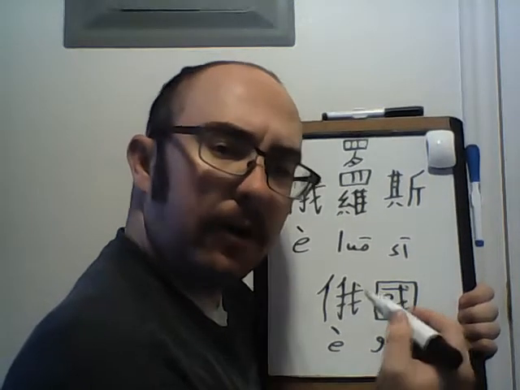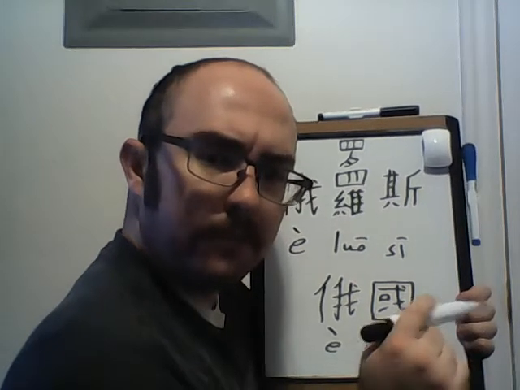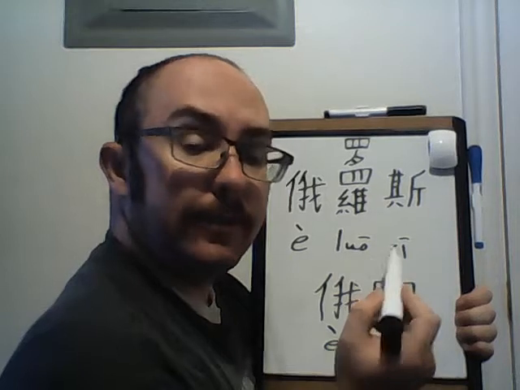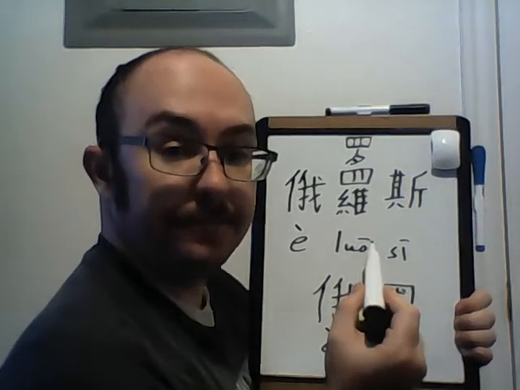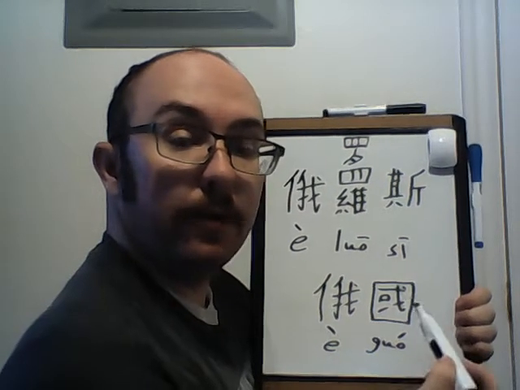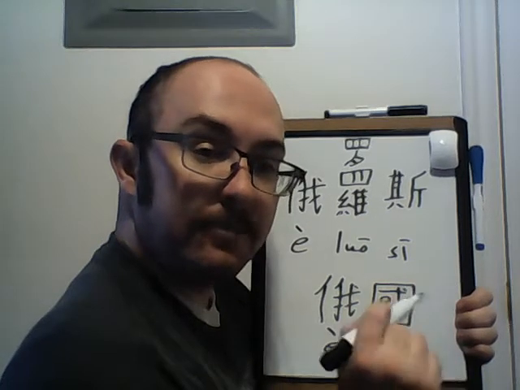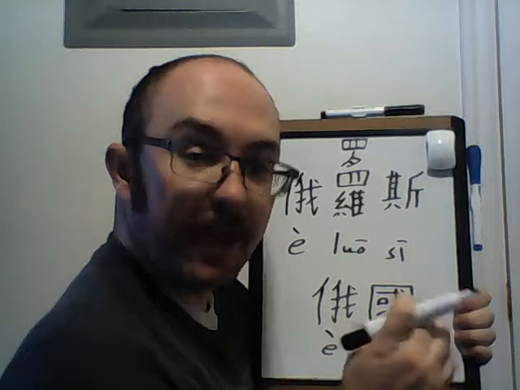You can't do this with all country names. Just kind of a hazard for you, just kind of letting you know. You can do that with this country's name, which is Russia. So you can do it with Russia. 俄罗斯 can become 俄国. But you can't do that with all country names. So it's best to just kind of figure out which ones you can do it with.